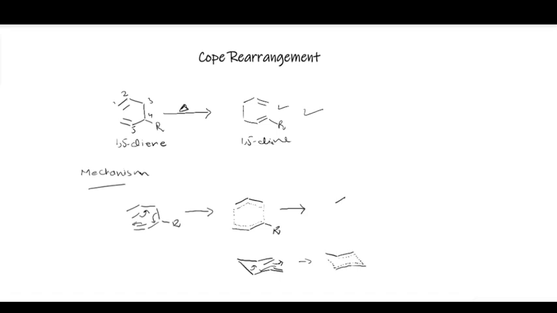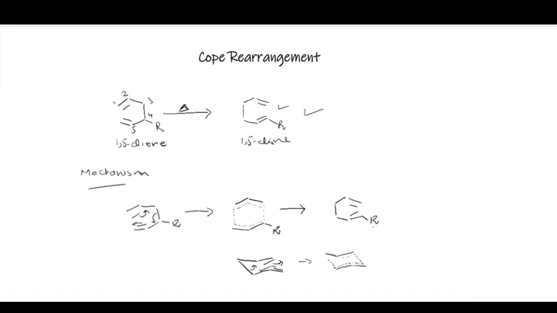So we can draw the product here. That again is a 1,5-diene, but you can see from the position of this R group that it has rearranged into a new 1,5-diene.